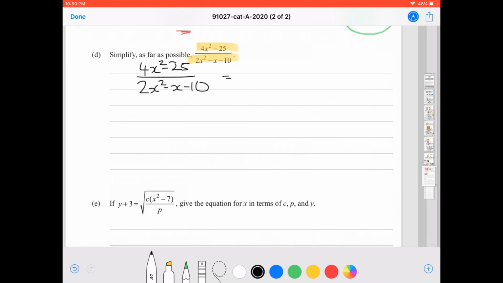When in doubt, factorize. So looking at our numerator, that is actually the difference between squares here. So 4x squared is a square number, as is 25. So the factorized form will be 2x plus 5 and 2x minus 5.